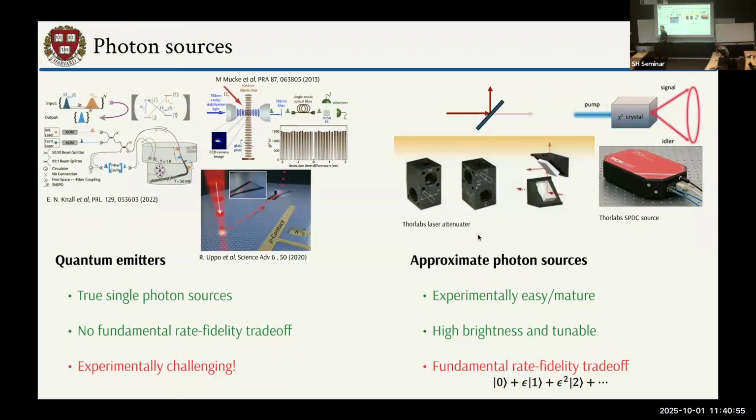So it's an approximate single photon source. It's not either vacuum or single photon, like what you would have for quantum emitters. Forget about double excitation things. You have a fundamental trade-off between how often I get my photon and how big is my component for higher order terms. And that's what characterizes all these approximate photon sources.